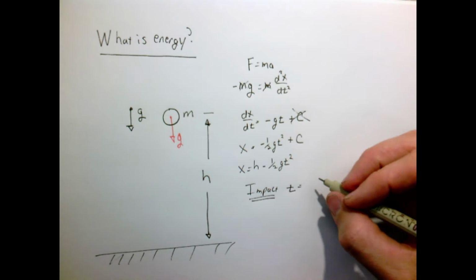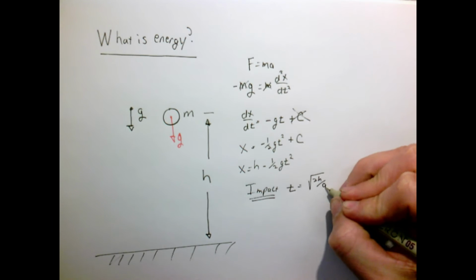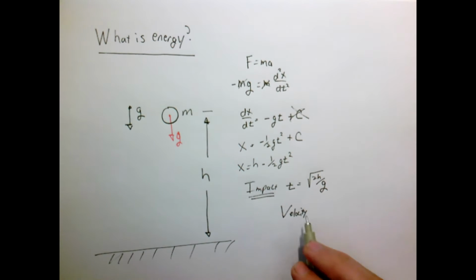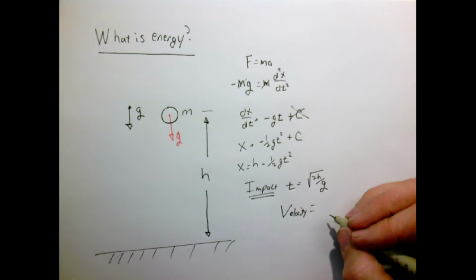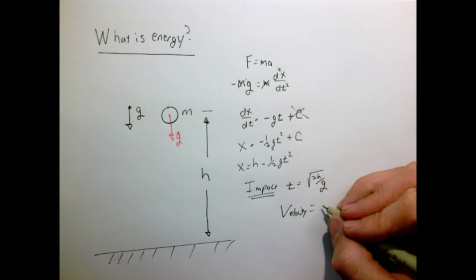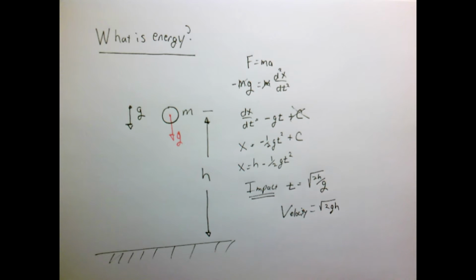So when it's at the ground, I get the time, and the velocity at that time, or dx/dt at that time. If we simply substitute this value into here, we would get the velocity equal to... Okay, so that's probably the way you were taught to solve this in physics.